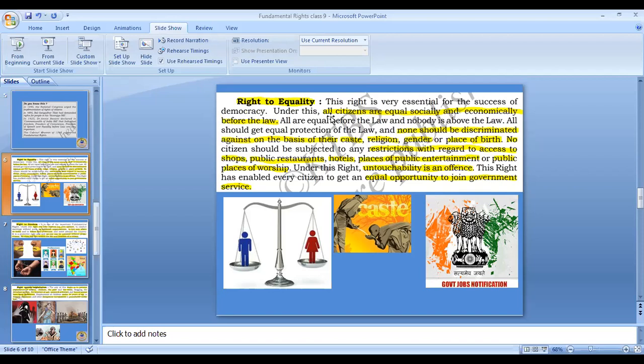To put it clearly, the upper castes like Brahmins were keeping SCs and STs away from their homes, living away from them. So they were practicing untouchability. Once the Indian Constitution came into force, we can see the right to equality.